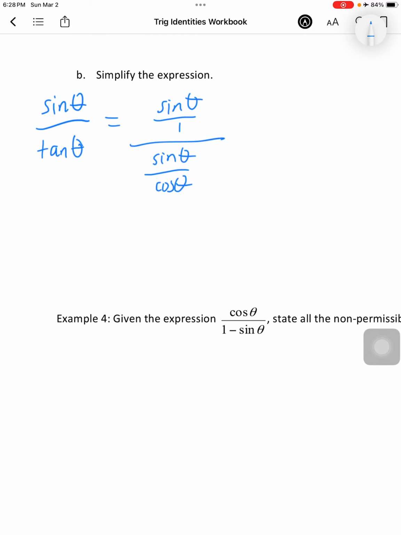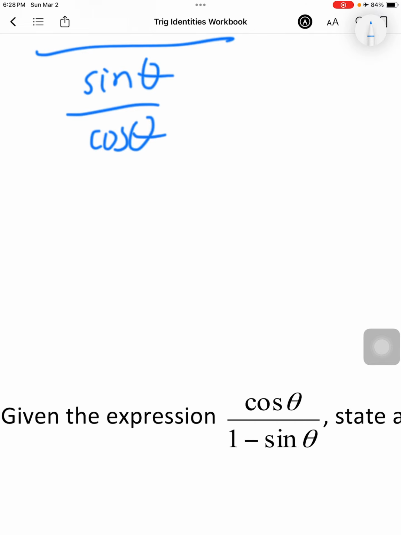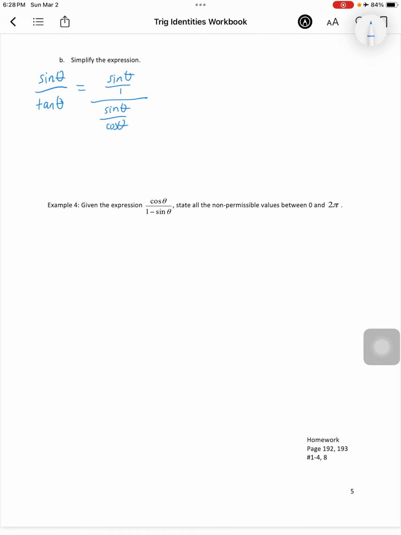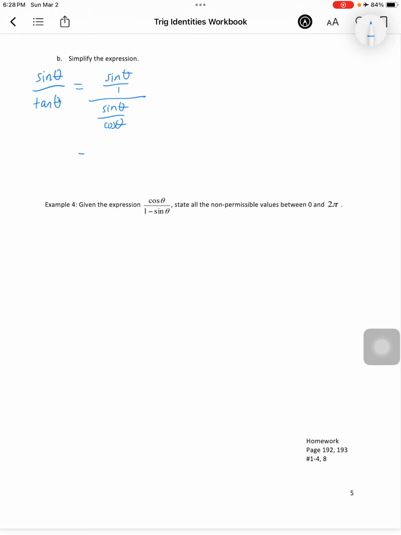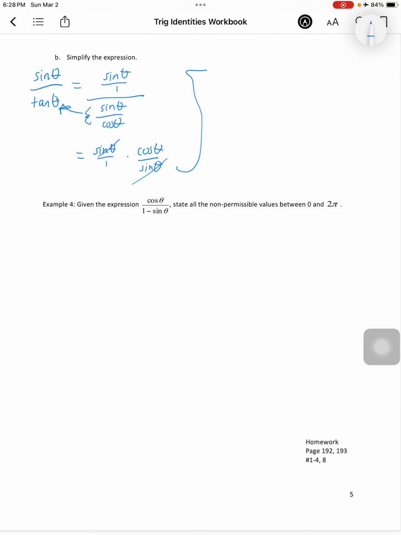The reason why I wrote sine theta over 1 is because when you flip the fraction in your denominator later, due to fraction rules, it just makes it easier to see what's happening. But you don't have to include that 1, that's just my preference. So that's going to be the same thing as sine theta over 1 times cos theta over sine theta. And again, this whole thing comes from tan theta. So here, the sine thetas cancel, and that means you're going to be left with just cos theta. And that's going to be your answer.